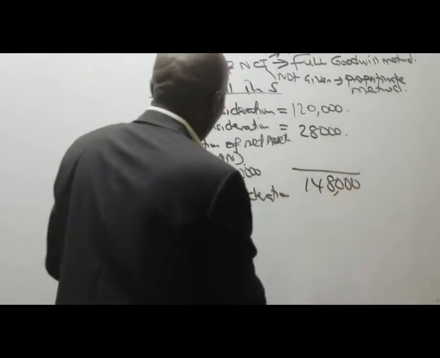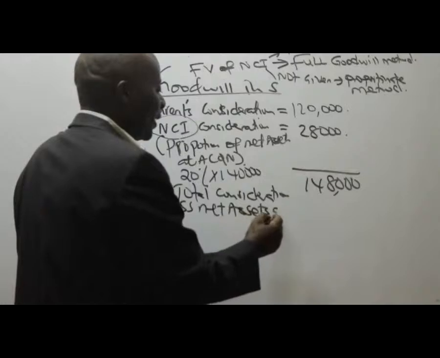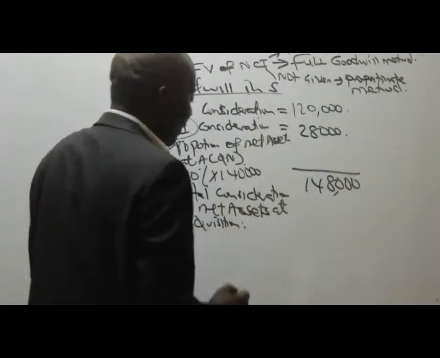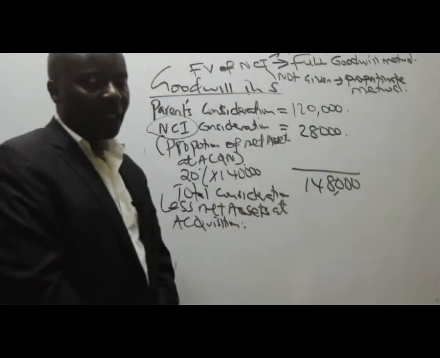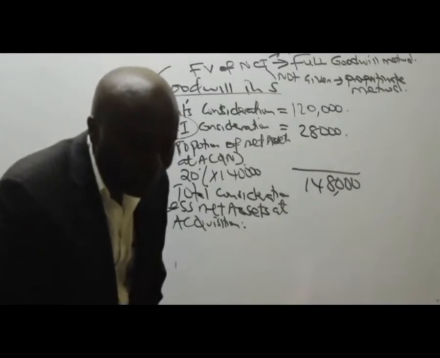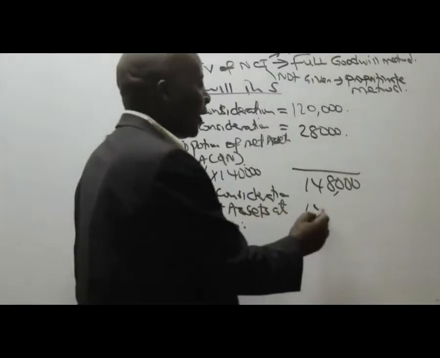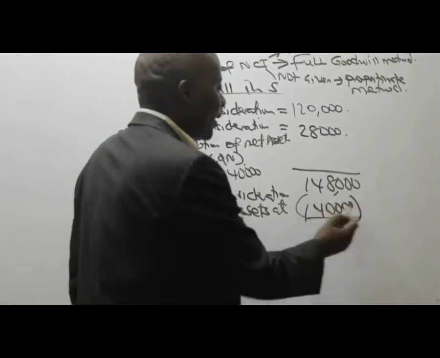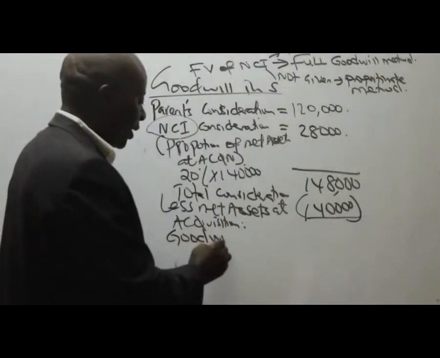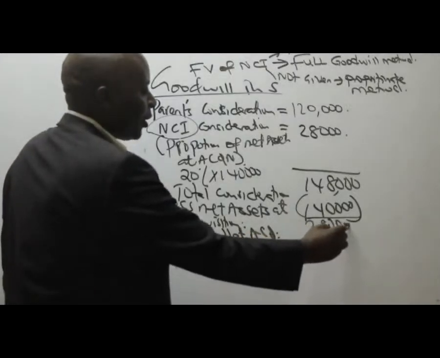And then you come and less net assets at acquisition, which you gave me a figure of 140,000. When you subtract these, you get what we call goodwill at acquisition, of 28,000.